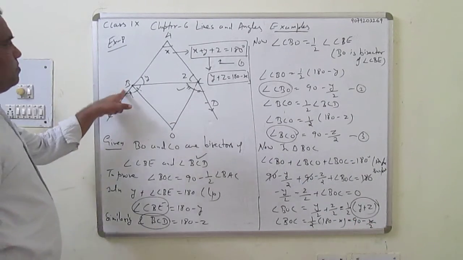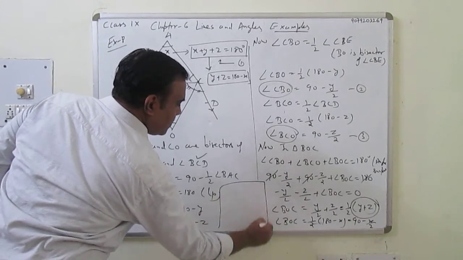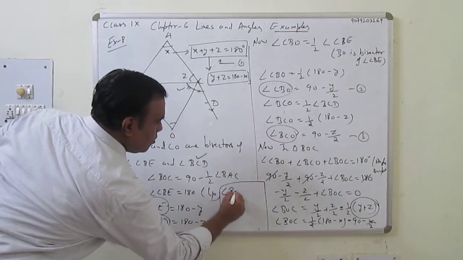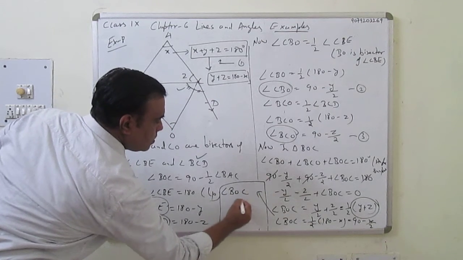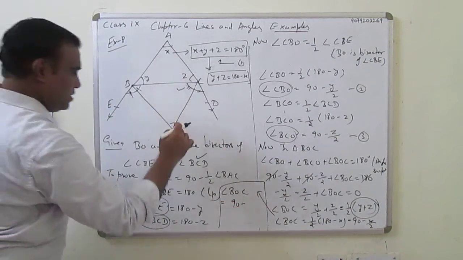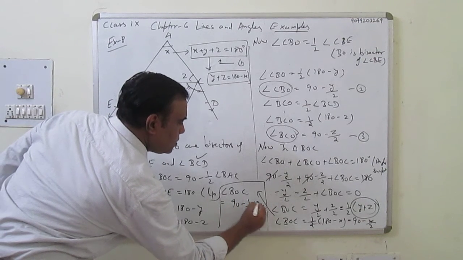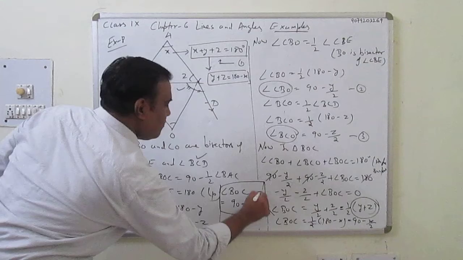What is X? BAC. So the final result I will write here: angle BOC is equal to 90 minus half angle BAC. So this is the final result.